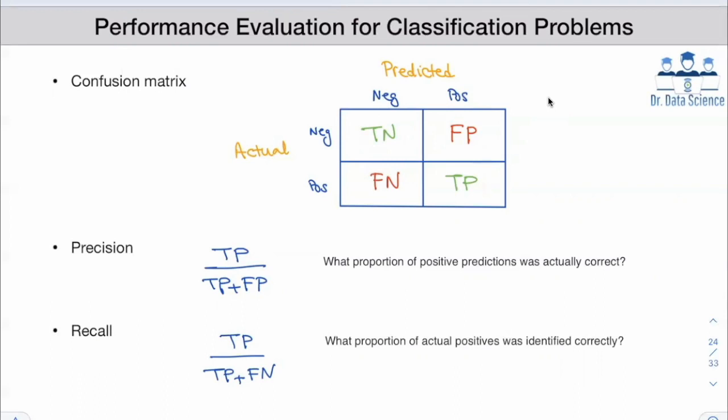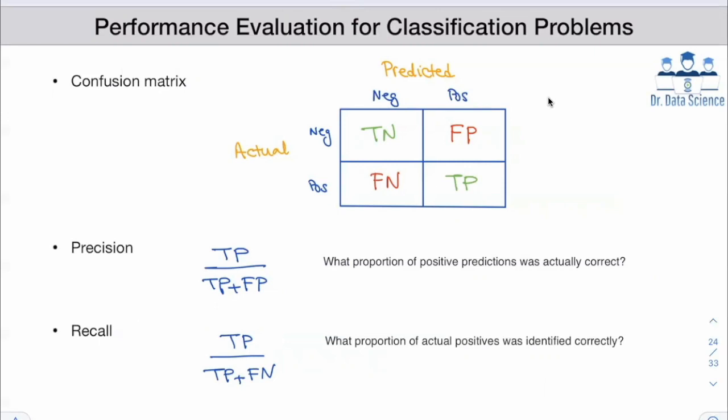So we want to see among samples that we label as positive, how many of them are actually positive. On the other hand, recall looks at the problem in this way: we have true positive over true positive plus false negative, meaning what proportion of actual positives was identified correctly.